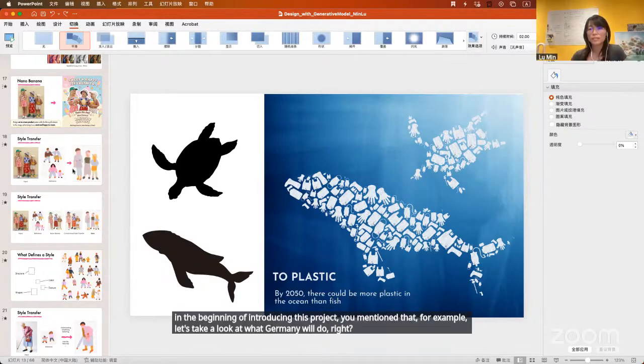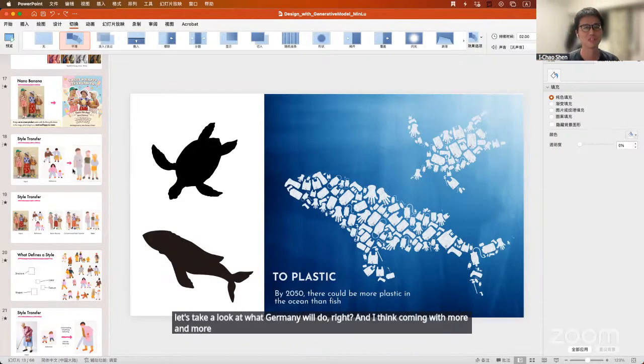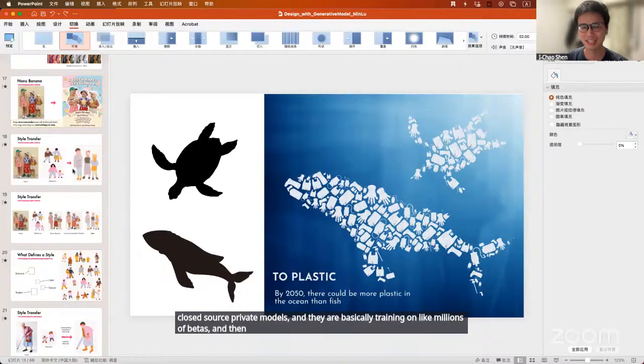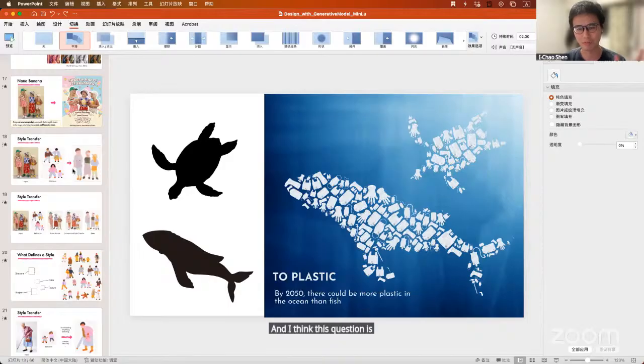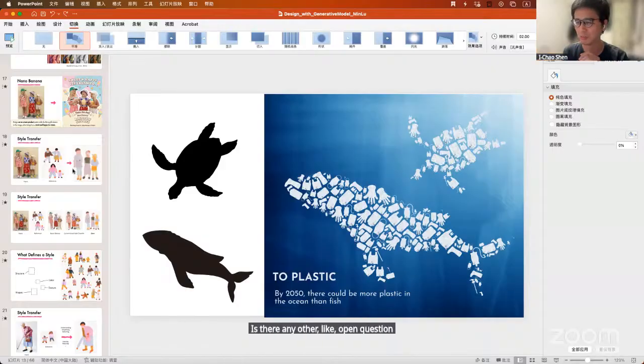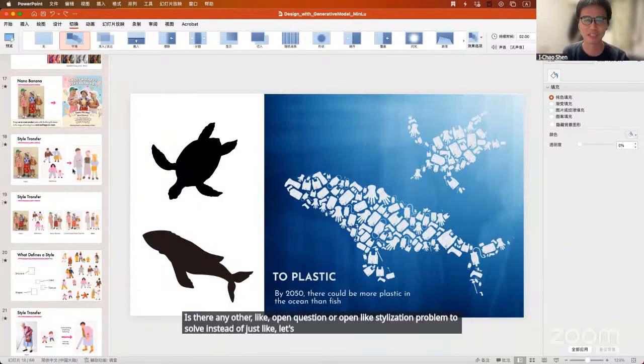With more and more large, closed source private models, which are basically training on millions of data, is there any other open stylization problem to solve, instead of just feeding more and more data?